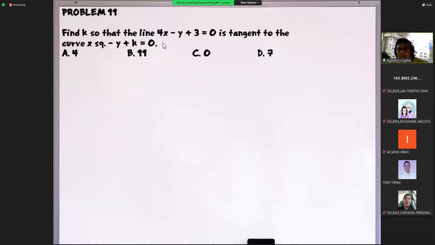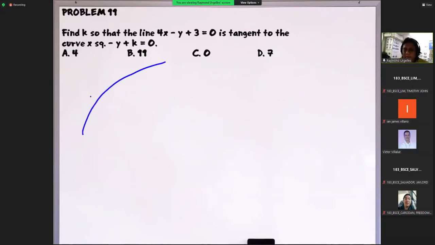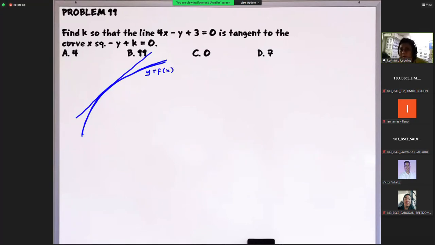What we need to remember here is one of the things to remember for this type of problem. If this is our curve, it is given, for example, by some equation y is equal to f of x, or some other type of equation. It can also be f of xy is equal to 0, like this one.